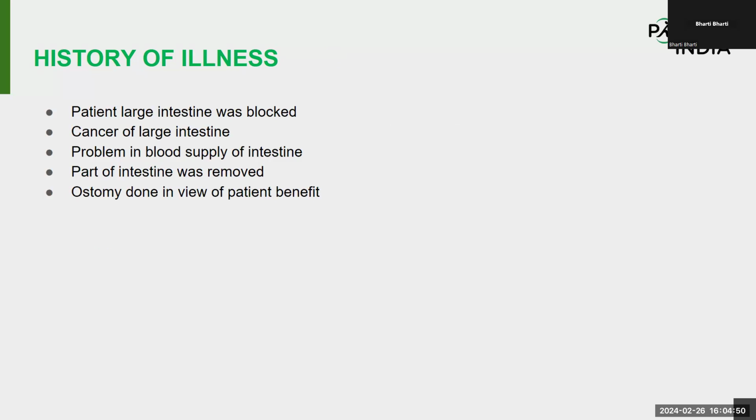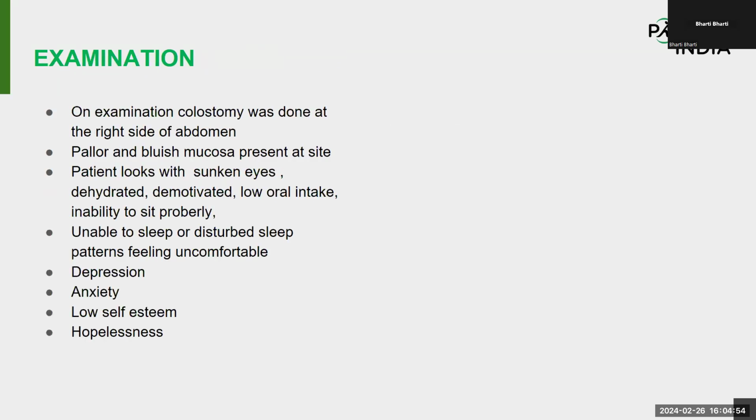Part of the intestine was removed and ostomy was done in view of patient benefit. On examination, colostomy was done at the right side of the abdomen. Paler and bluish mucosa present at the site. Patient looked with sunken eyes, dehydrated, demotivated, low oral intake, inability to sit properly, unable to sleep, disturbed sleep pattern, feeling uncomfortable, depressed, anxiety, low self-esteem, and hopelessness.